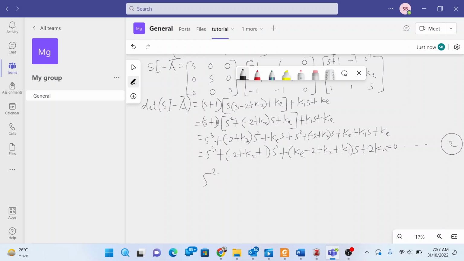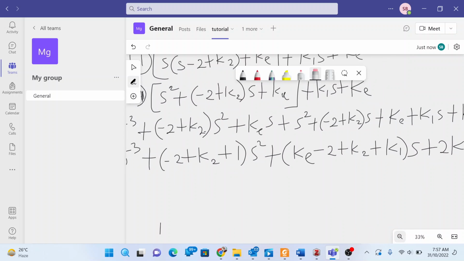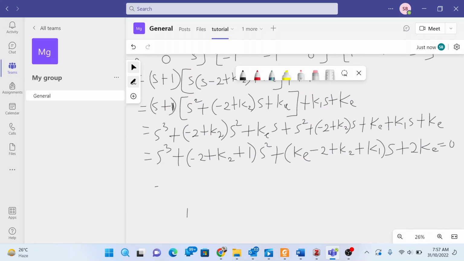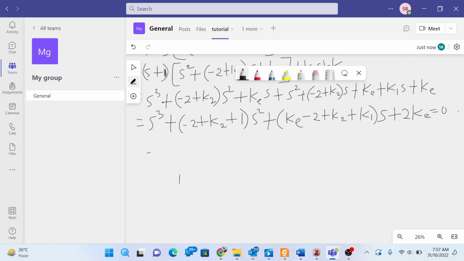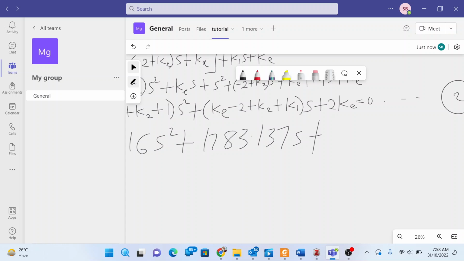So this is going to be s cubed plus 116 s squared plus 1783.137 s, then plus 18313.7, equals 0.